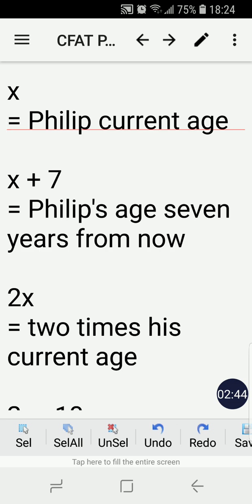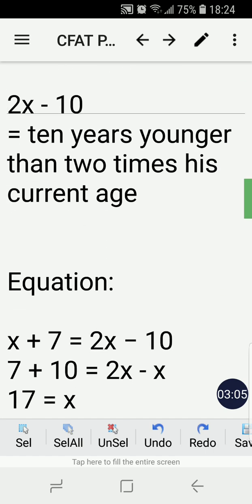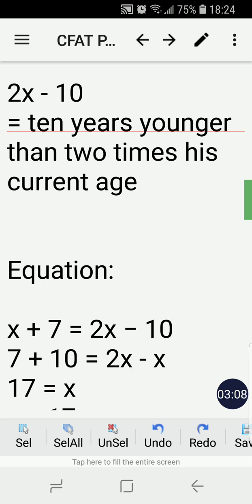So x plus 7 is, all we did is add 7 years to the unknown, which is Philip's current age. 2 times is pretty straightforward, 2x, and 2x minus 10. I guess this is the hardest part of the expression, 2x minus 10 is 10 years younger. Younger means we're going back in time, so it's a minus. 10 years younger than 2 times his current age.